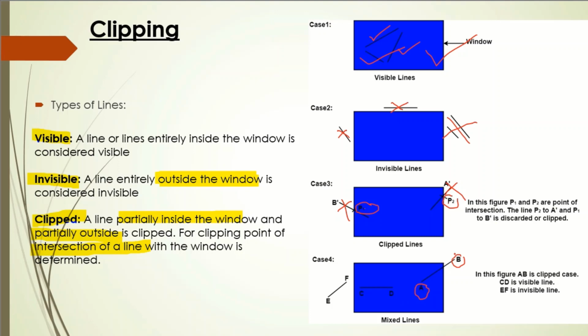So those parts outside will be clipped, and this is the intersection point here. C and D is inside here. This line is totally inside this clipping window, so it's considered a visible line and it will be displayed. And then E and F is an invisible line, because this line is totally outside the clipping window, so it will be rejected and removed.